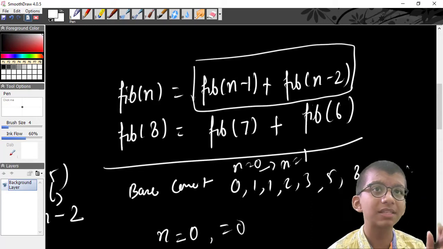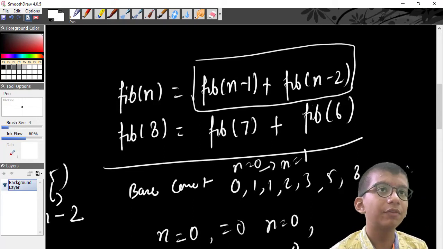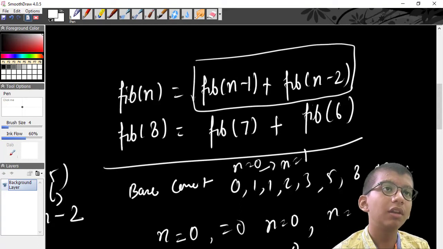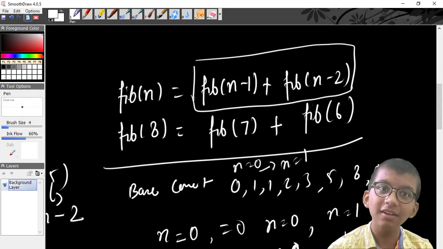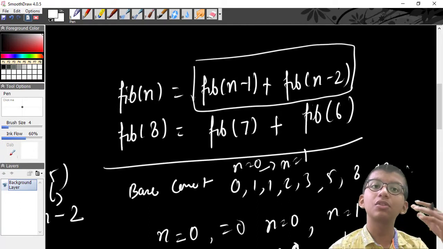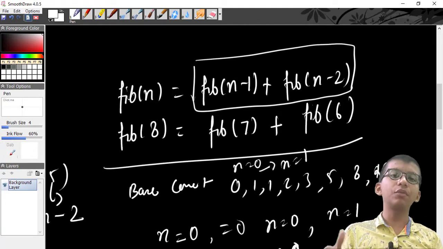So we have two base cases. When n equals 0, we have to return 0. When n equals 1, we have to return 1. That means we have to return n: when n equals 0 we return n, which is 0, and if n equals 1, then we return 1.